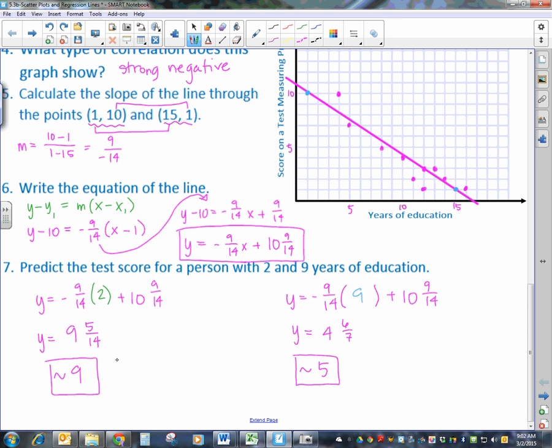So this particular prediction is called extrapolation. Let's just let you know that your x data is going, as we said, between 4 and 16. 2 is not between those numbers, so it's extrapolation. 9 is between those numbers, so this is called interpolation.